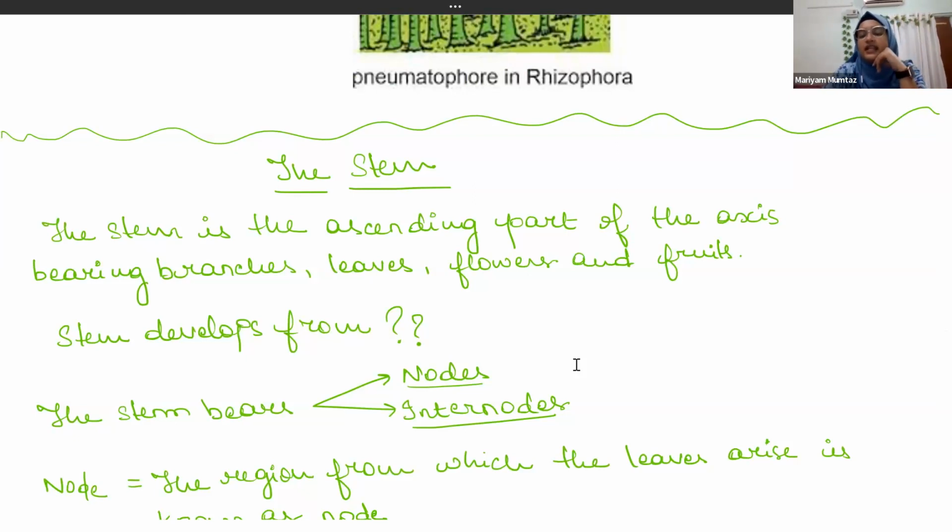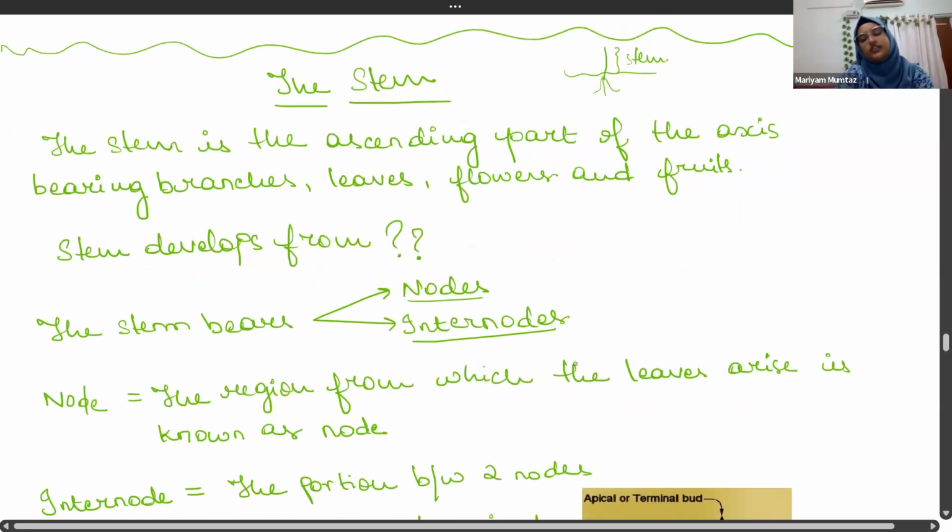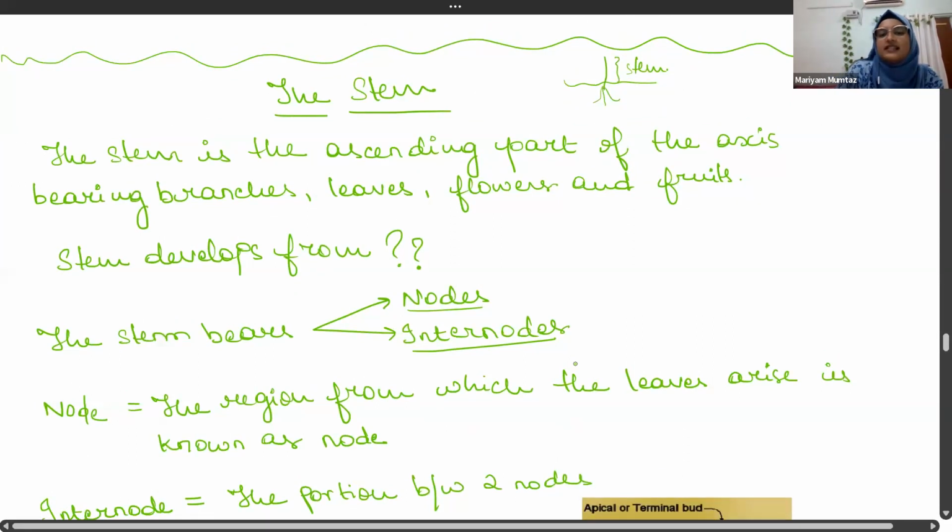The stem is the ascending part of the plant. If this is the soil and here are the roots, then the part coming out of the soil is known as the stem. The biological definition of a stem is that it is the ascending part of the axis.